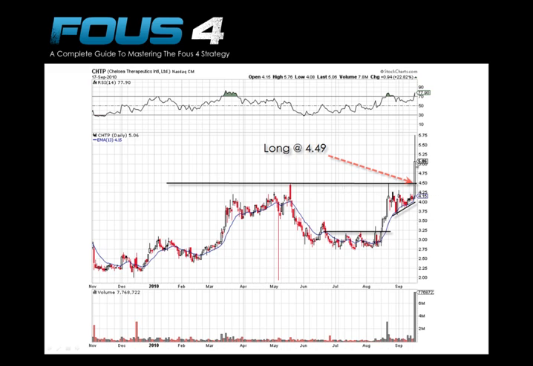From there, it moved all the way up to 5.06 into the close, but actually all the way up to 5.75 following the breakout. After I bought in, I probably want to set a stop on a move below this 4.50 area. That's where I went long. If it came all the way back down, I would take that loss.